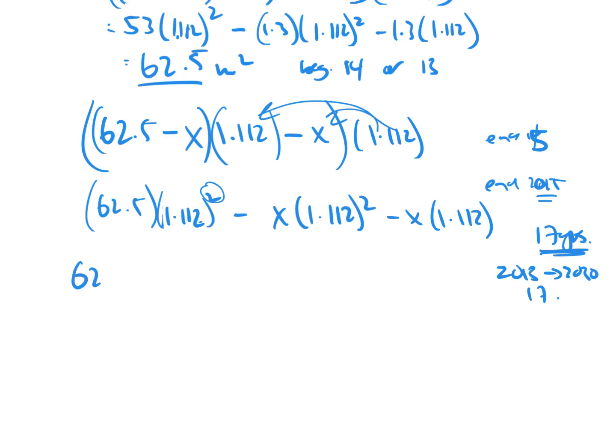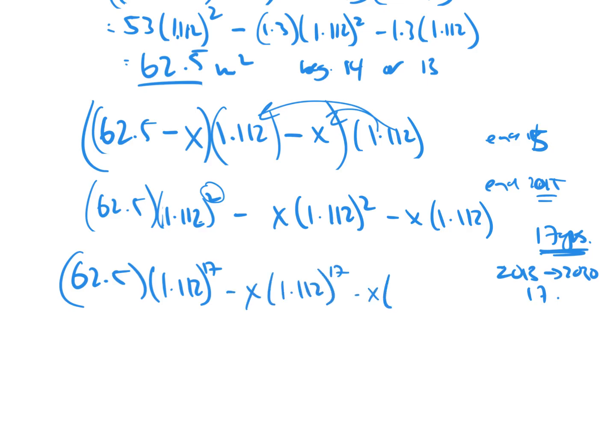So I know it's going to be 62.5 times 1.112 to the power of 17, minus x times 1.112 to the power of 17, minus 1.112 to the 16, minus all the way to minus x times 1.112. And so this is going to be the summation that I'm actually going to need.